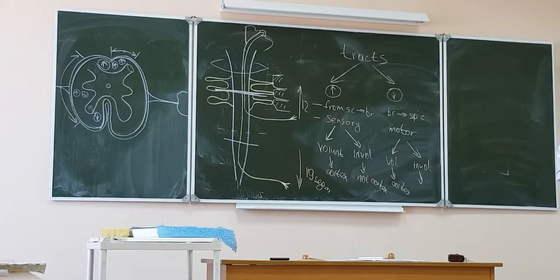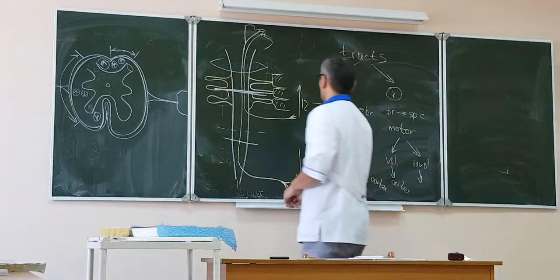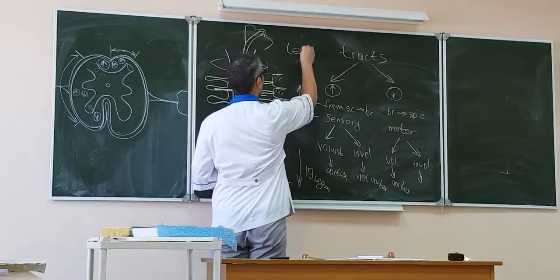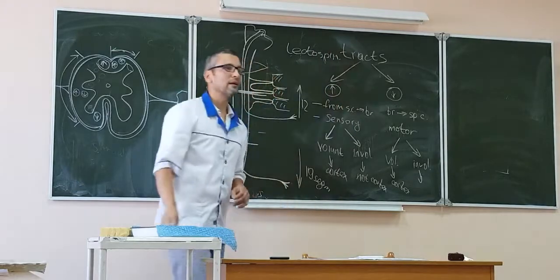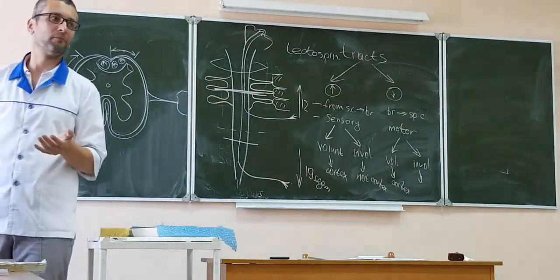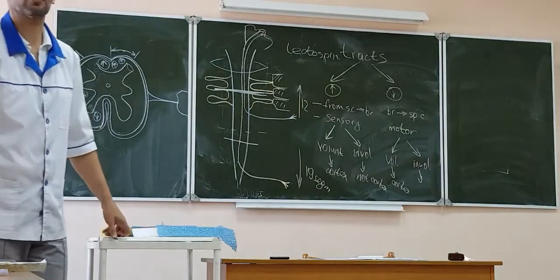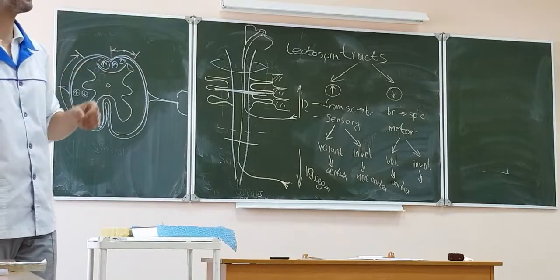Tractus tectospinalis, right? Why do you think the tractus tectospinalis conducts sensitivity? First question. Why do you think? Maybe you are wrong. Maybe, I don't know. But prove to me that tractus tectospinalis conducts sensitivity.